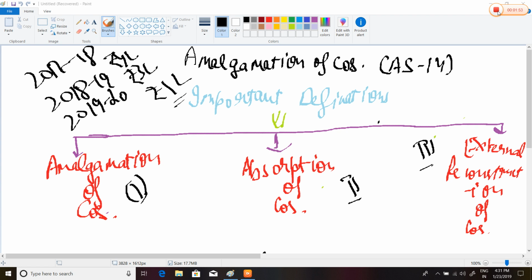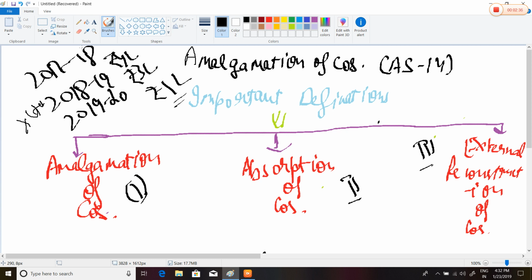See, what is amalgamation? Any company, let's say X Limited, has the following 3 year profit: 2017-18 4 lakh, 18-19 3 lakhs, and 19-20 1 lakh. The profit for this company is declining year by year, whereas there's another company Y Limited, which is incurring profits at a normal rate, like 4 lakhs, 4 lakhs, 3.5 lakhs, 5 lakh.